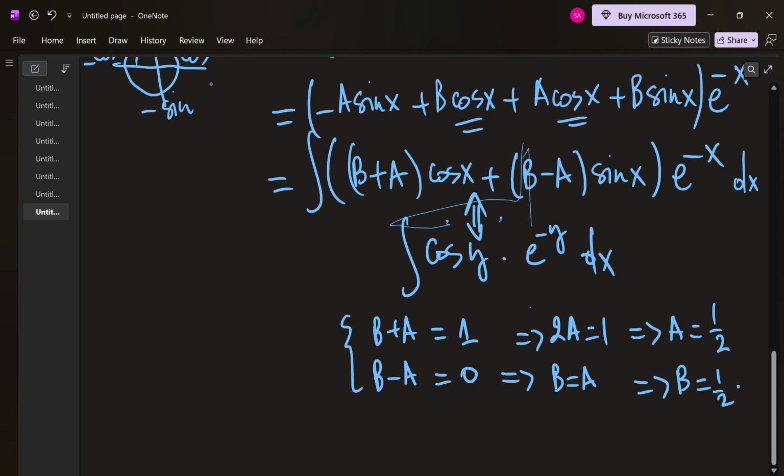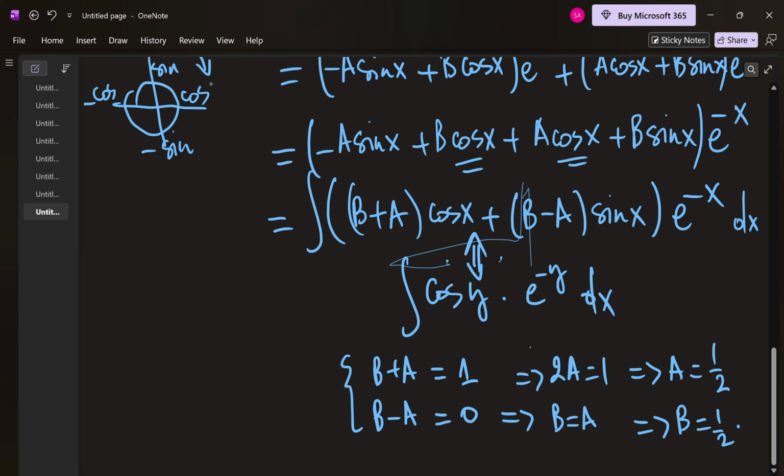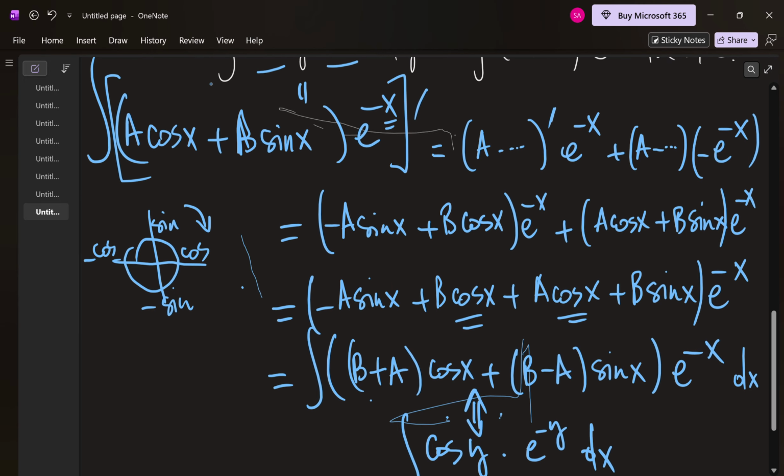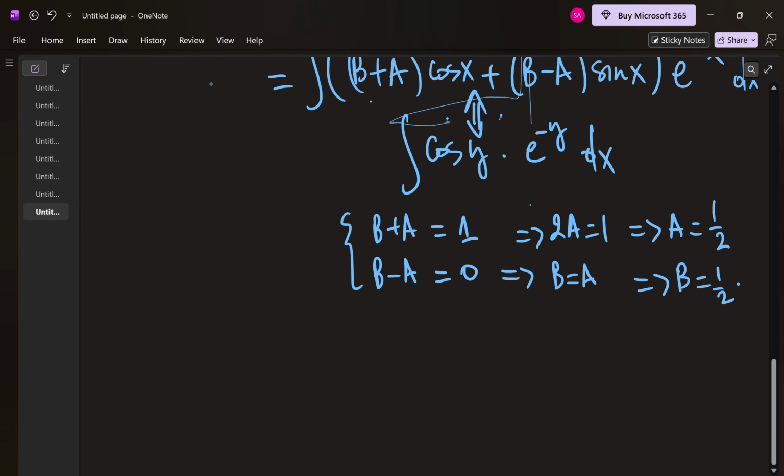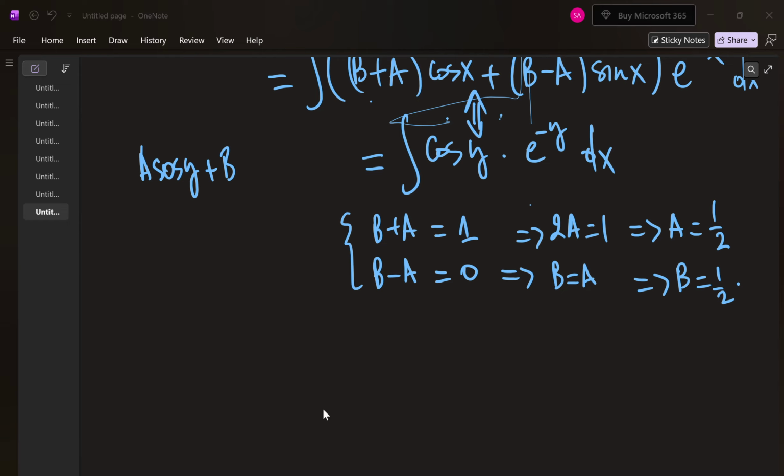So the integral of this would be a cos x plus b sine x, exponential minus y. So the integral of this guy is equal to a times cos y plus b sine y, all times exponential minus y.